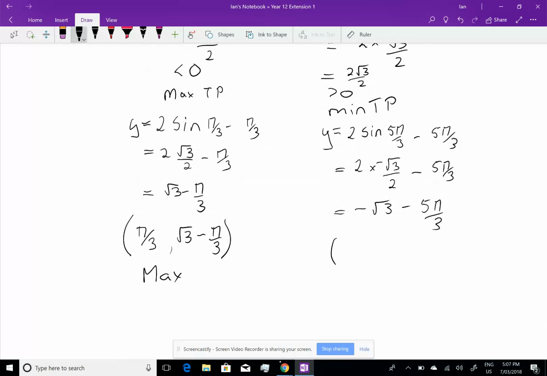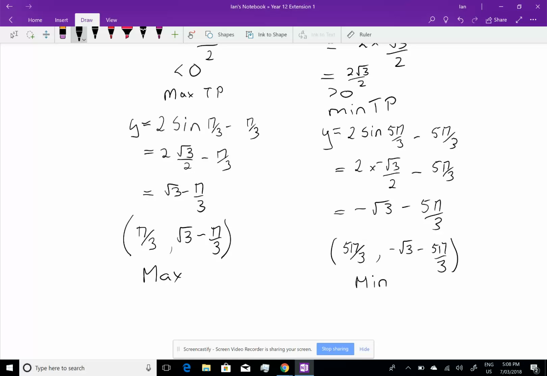So this point is 5 pi on 3 for my x, and negative root 3 minus 5 pi on 3. And that was a minimum. And they're the stationary points, and there are the answers.